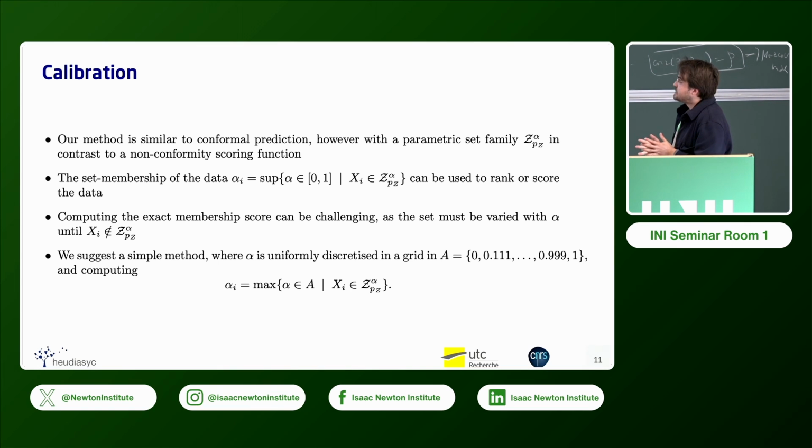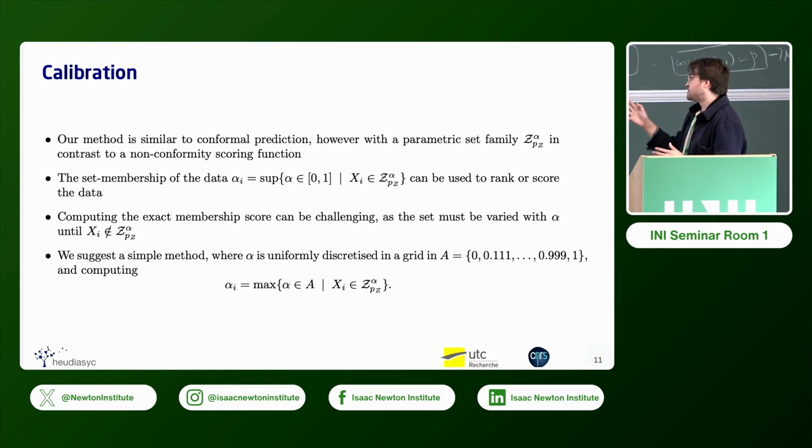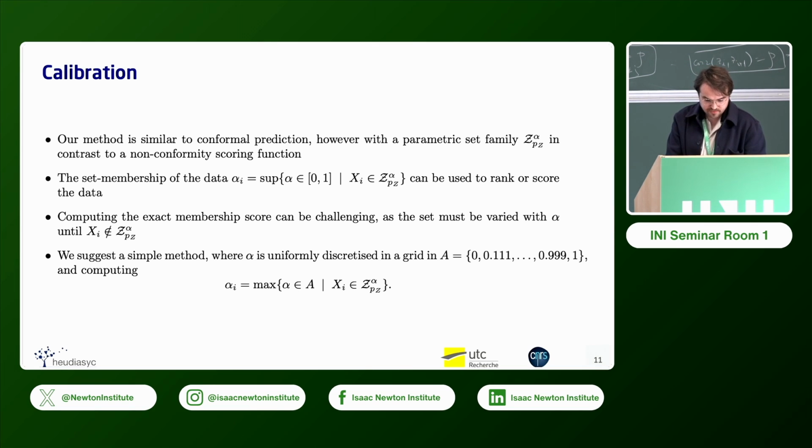Doing this exactly is quite expensive, so you basically need to vary the set until the calibration point is no longer inside. But there's a very simple method that you can perform, which is that you just discretize alpha, and you create a discrete number of these zonotopes, and then you just check the point in each of those in that grid. And this is conservative.